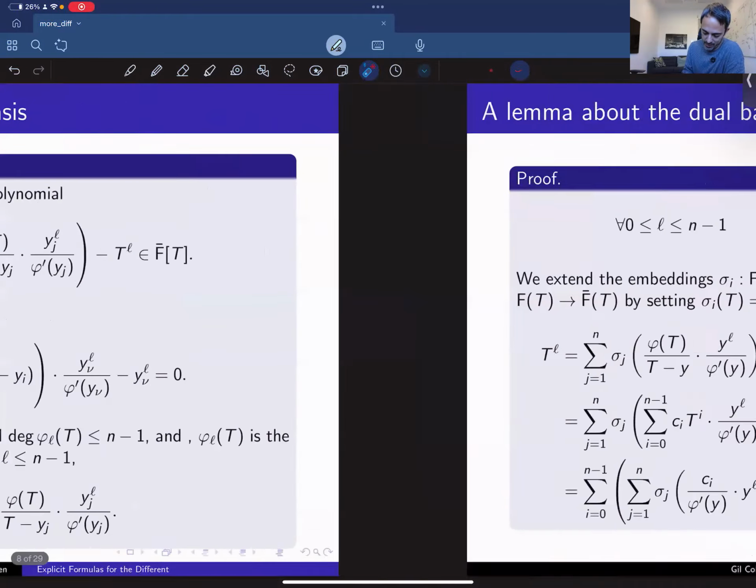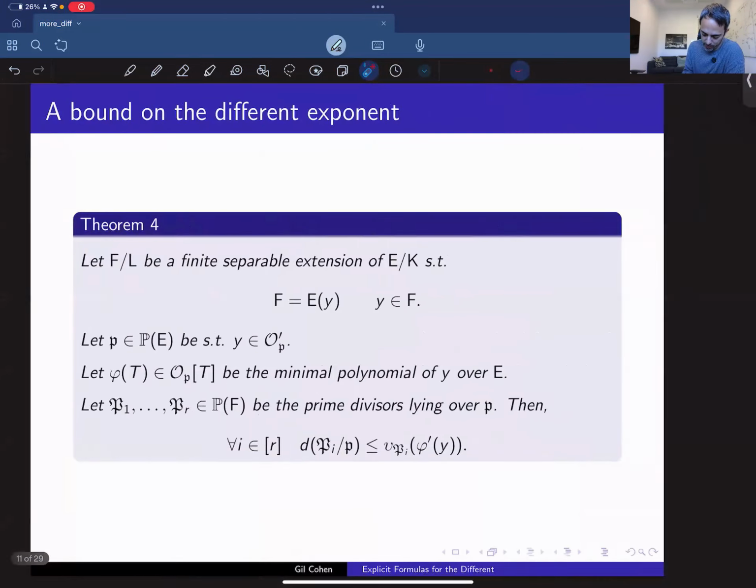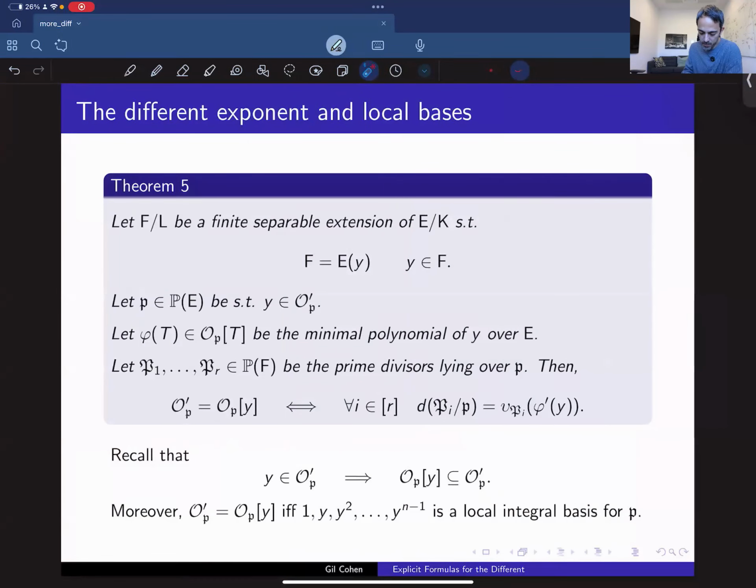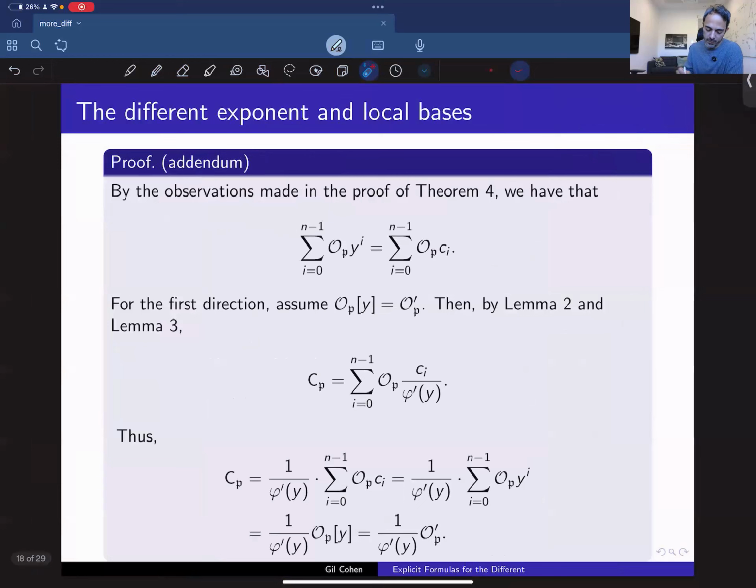So going back to the proof. Lemma 2 and lemma 3 tell us that for the complementary module there is an equality, not an inclusion.